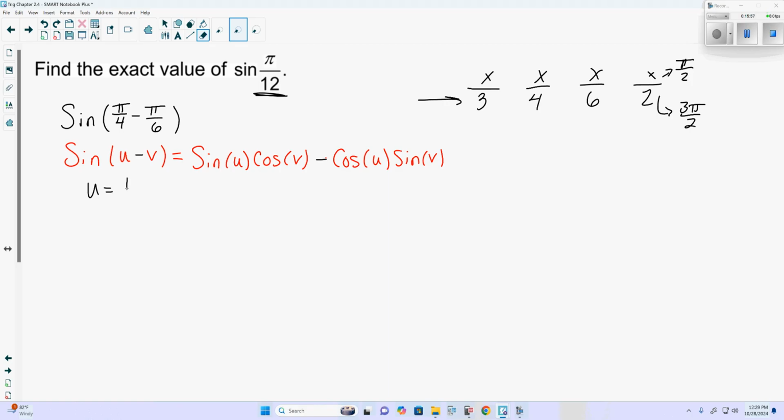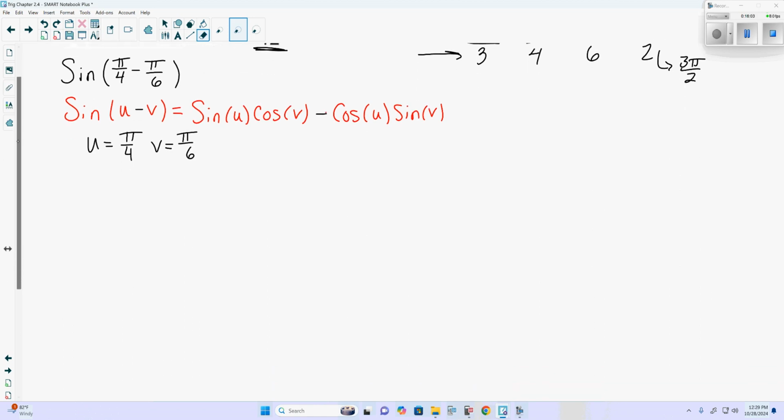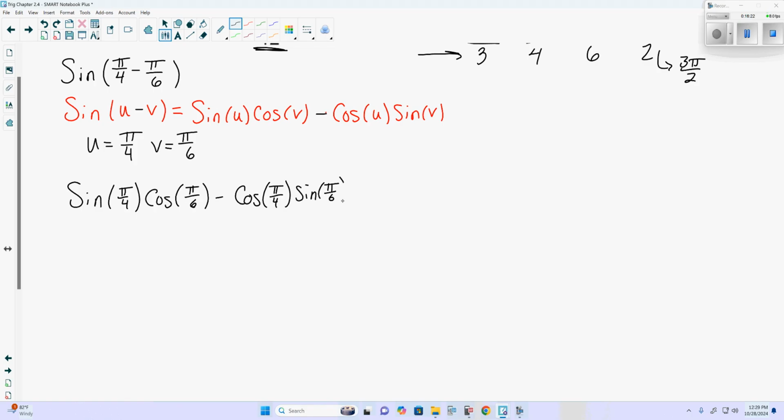Now, u for us is pi over 4. v is pi over 6. So again, for us here, we'd have sine of u, sine of pi over 4, times cosine of pi over 6, minus cosine of pi over 4, sine of pi over 6.